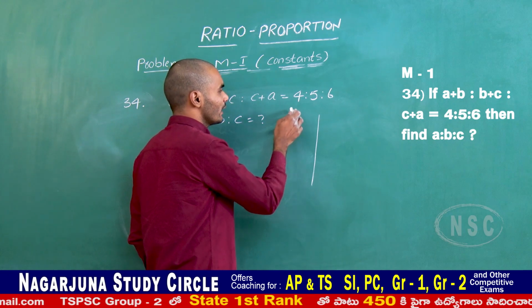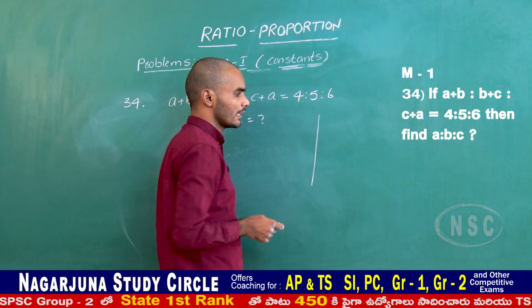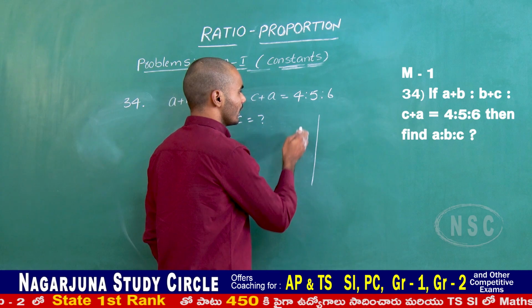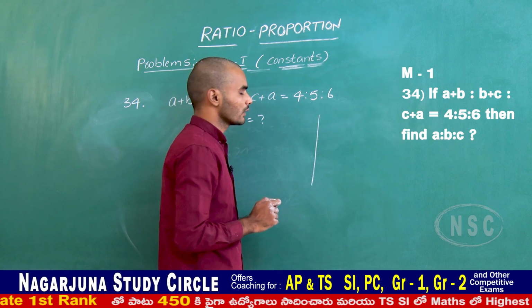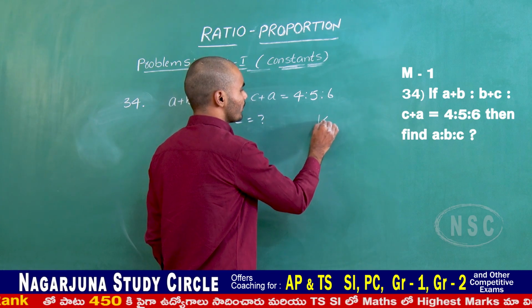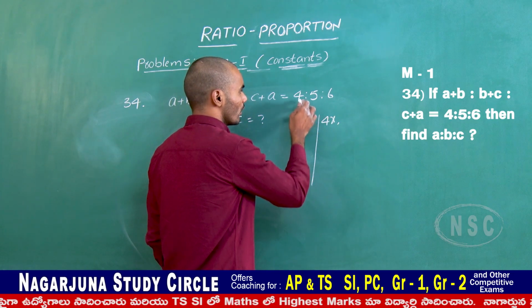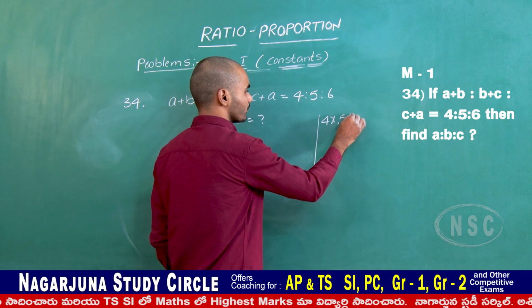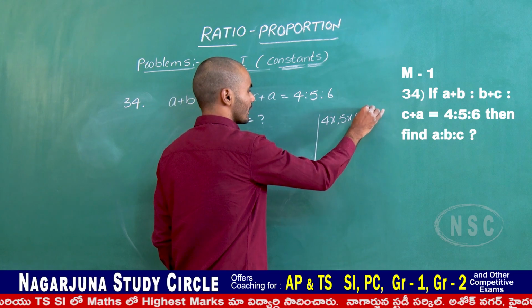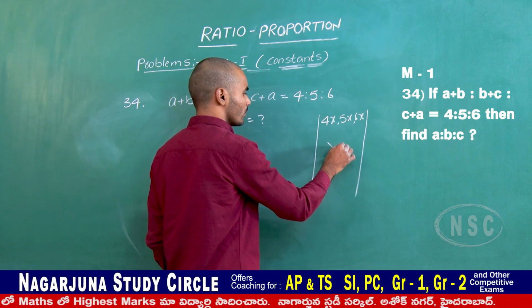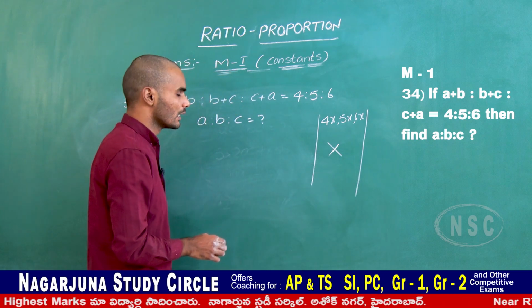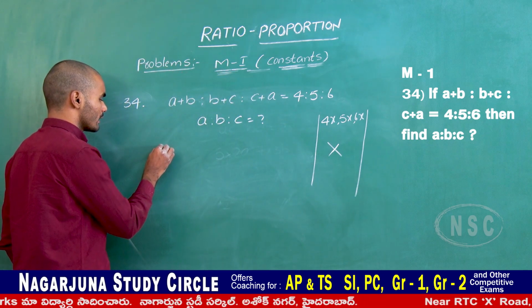If you want the values, multiply with one constant, then the ratio changes to numbers: 4x, 5x, 6x. These are numbers, but don't go through this process, it is a waste of time. So go only option wise.